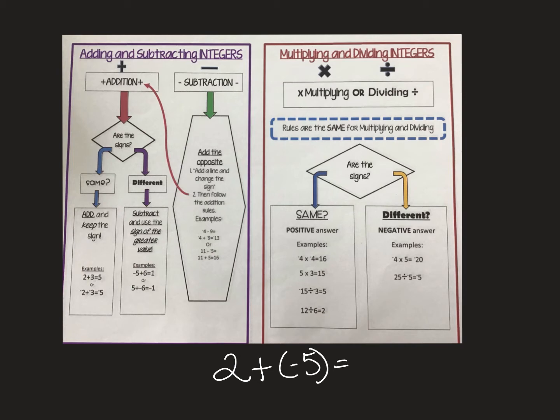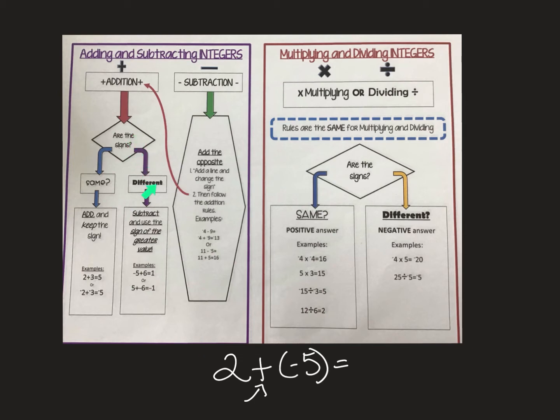the first thing you look for is if you have an addition or subtraction sign right here. Does everybody see that? Okay, if it's addition, then you go to the addition section here, and you go down, and it says, are the signs the same? In other words, do you have an invisible positive sign here and a negative sign here? Yes. So that means they are different, right?